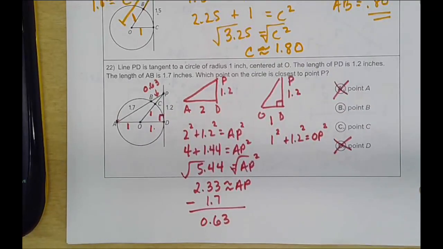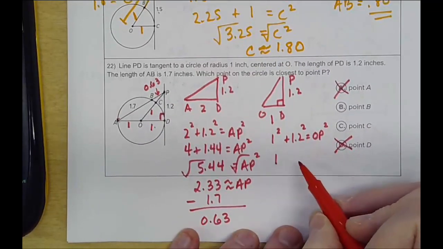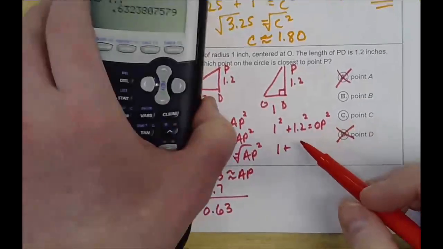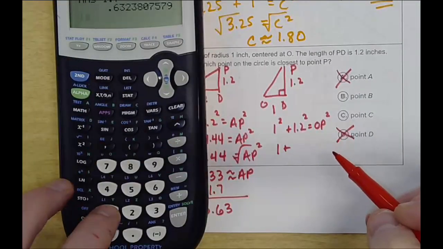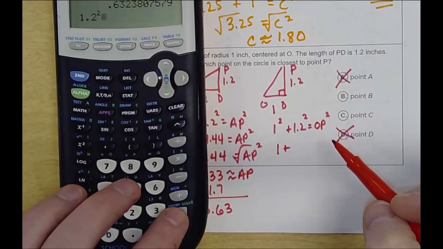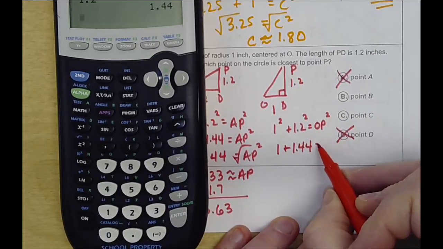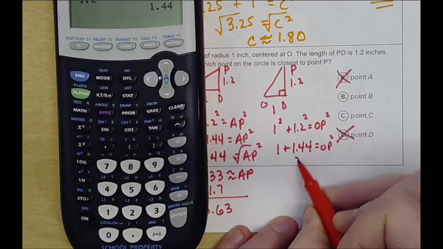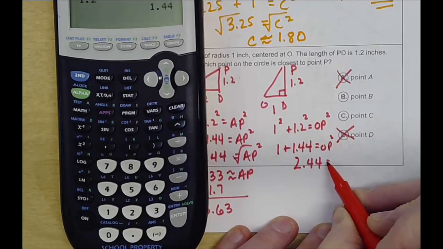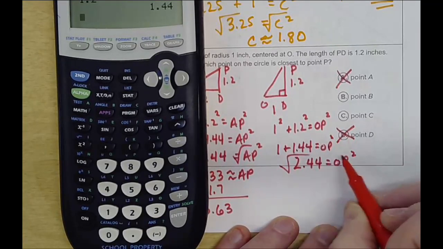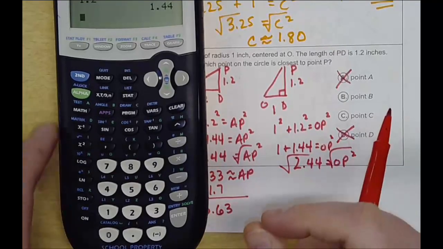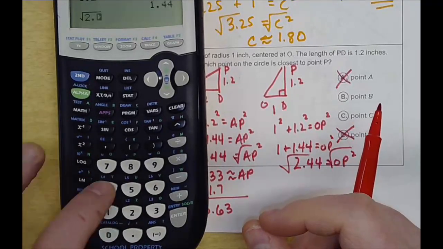So small. Over here, you get 1 plus 1.2 squared. You get 1.44. 1 plus 1.44 is 2.44. Square root it. Second square root 2.44.